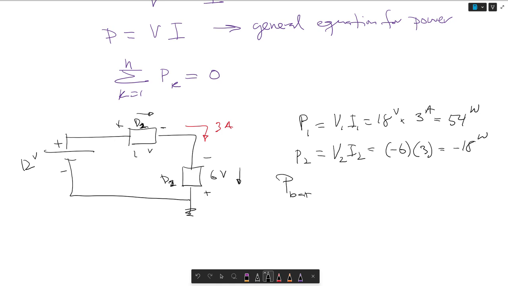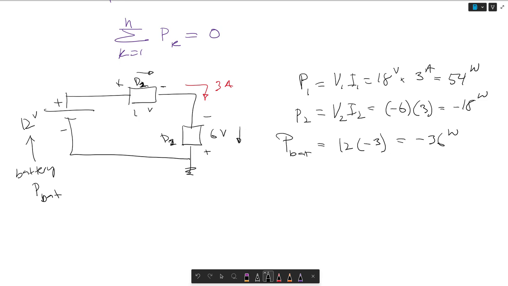And then the power at the battery, P bat, is equal to 12 times -3, which is -36 watts. And again, this is negative because it's delivering power. There's a voltage gain from minus to plus. And here there's a voltage gain from minus to plus, but here there's a voltage drop from plus to minus. So the power is positive.